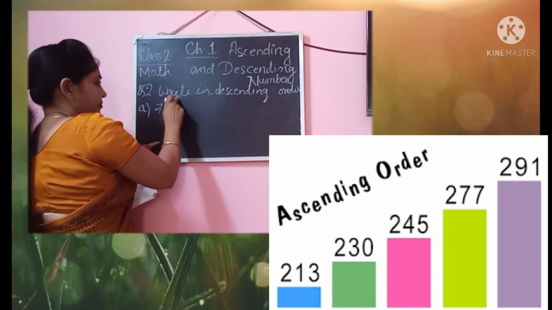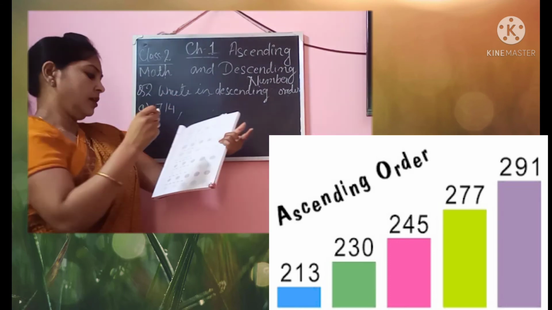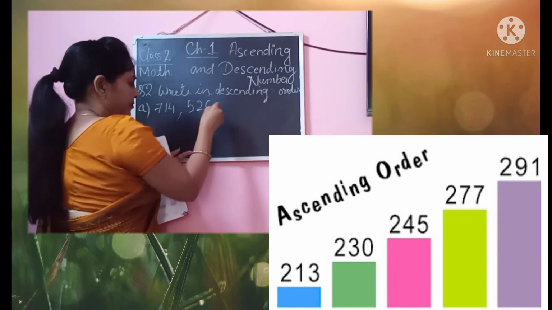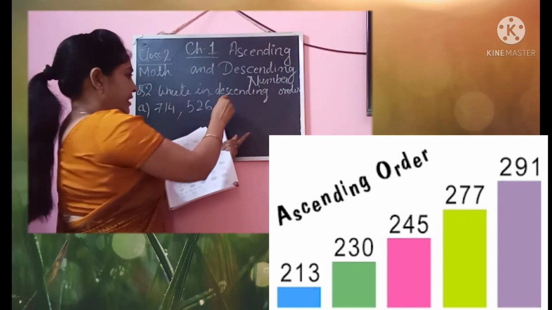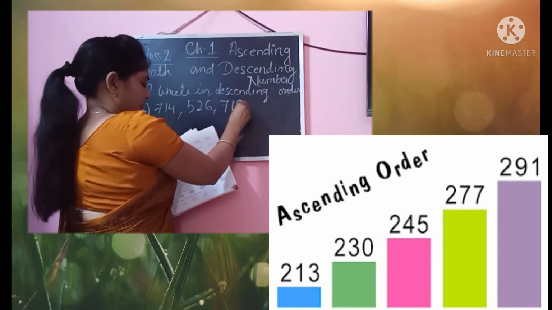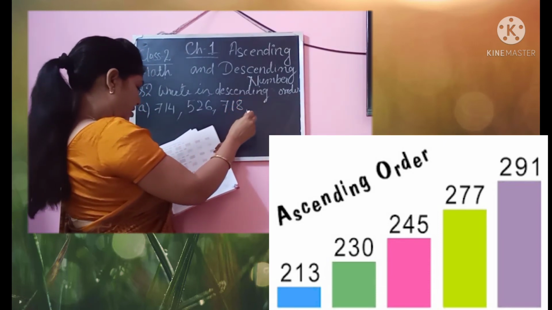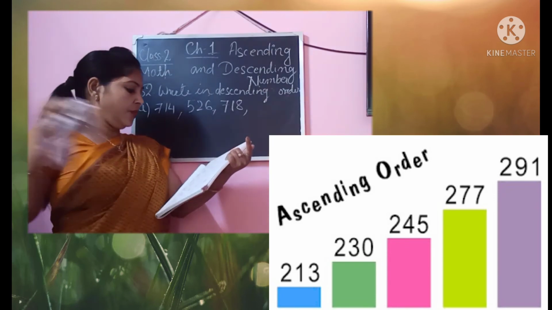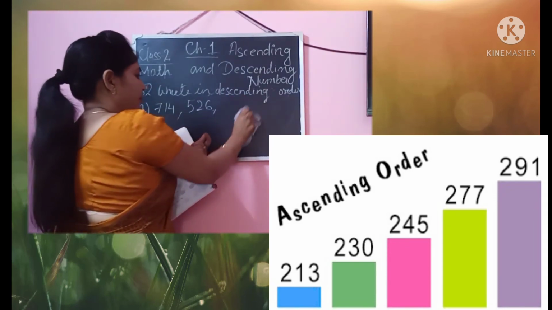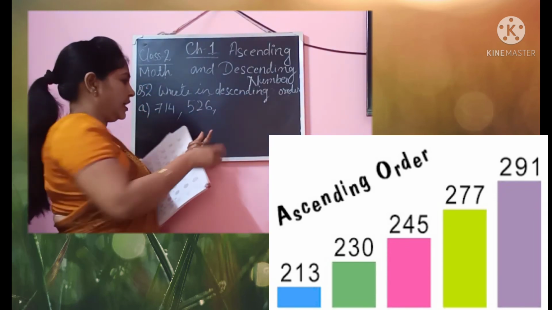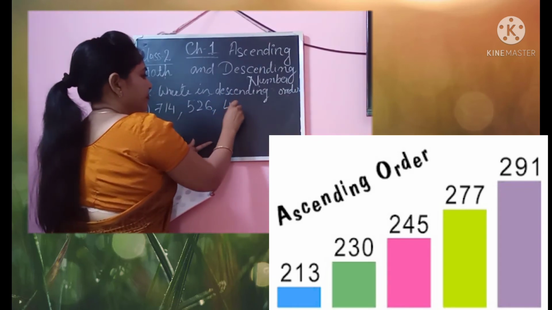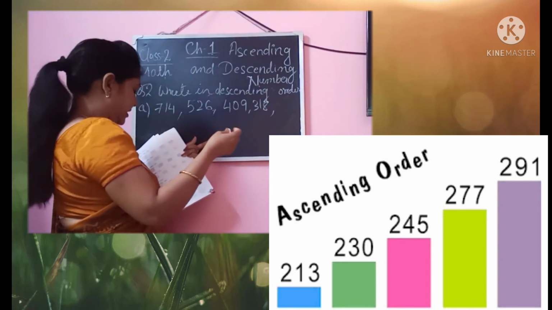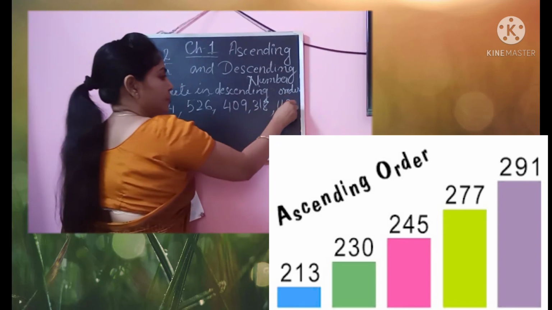Okay. Let's see what the question is. 714, next is 526, after that 718. Okay, no, I am going down. 409 it is. 409, 318, and next is 112.